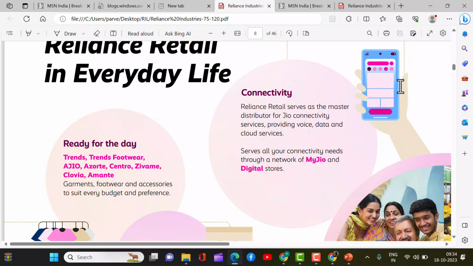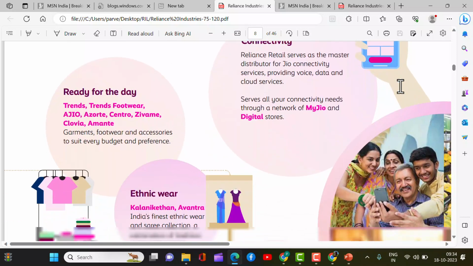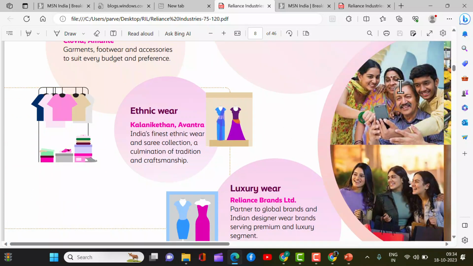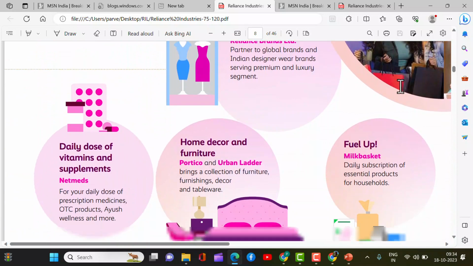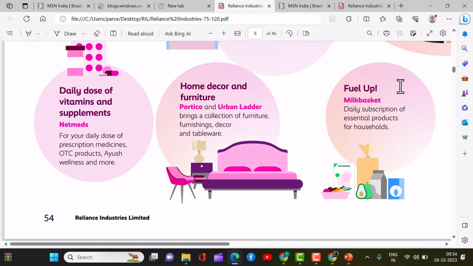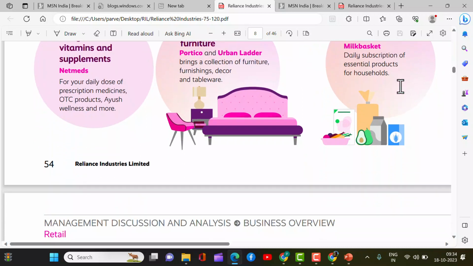Connectivity using Reliance Jio. Then ethnic wear, luxury wear, daily needs. You order your medicines from Netmeds. Home decor, you order your furniture. Milk basket is there with a dairy substitution. So you have milk basket here.